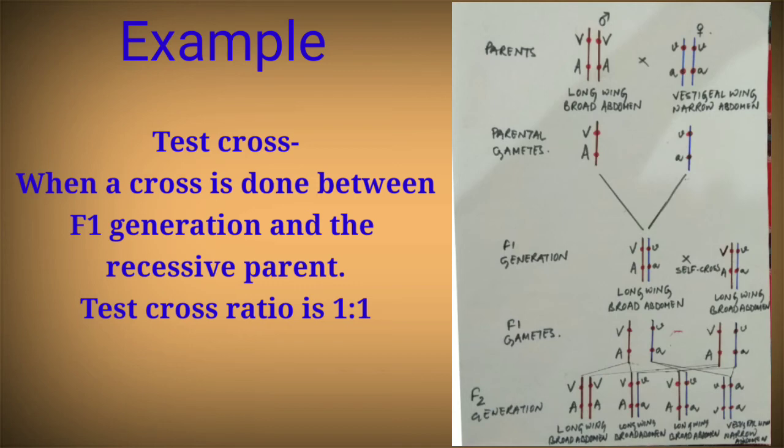So this is the result of the test cross ratio, and this result was quite different from Mendel's result, though both these scientists had done the cross taking the dihybrid cross only.